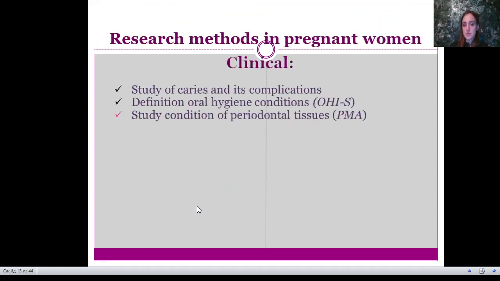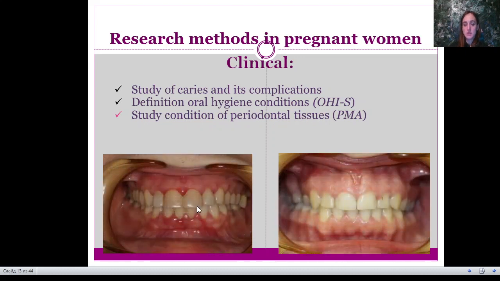And about the methods, we need to research methods in pregnant women, and first of all, it's clinical methods: study of caries, definition of oral hygiene, and study of the condition of periodontal tissues. Why periodontal tissues?